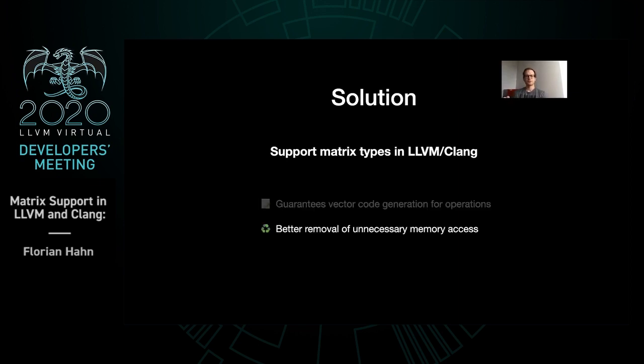That should help to better remove unnecessary memory accesses to temporaries. And finally, the extension should be user-friendly, so it's easy to use and the users are not tempted to try tricks to help the compiler.